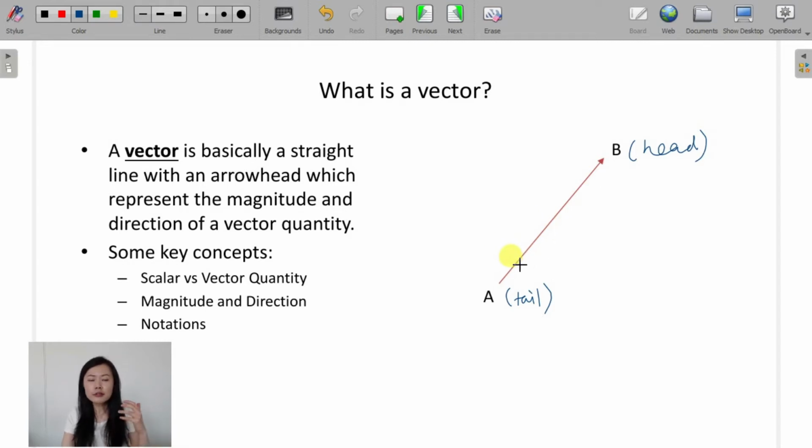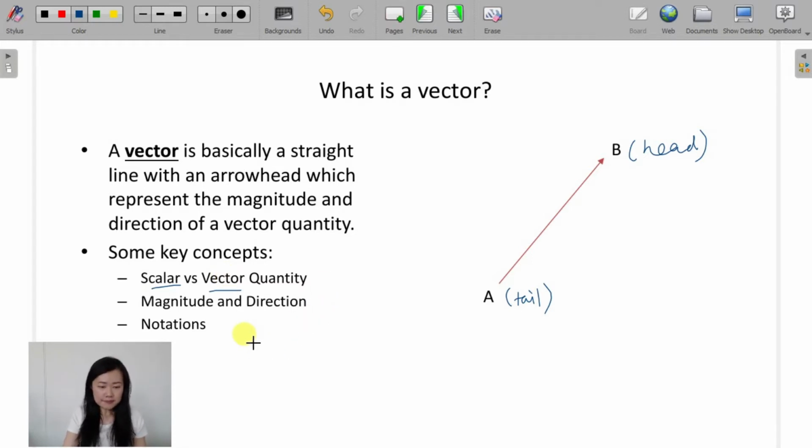So you will hear me mention this terminology, magnitude, direction. Before we dive into that, let's talk about some very basic concepts around scalar versus vector quantity, because we'll be looking at those concepts as we work through factors.